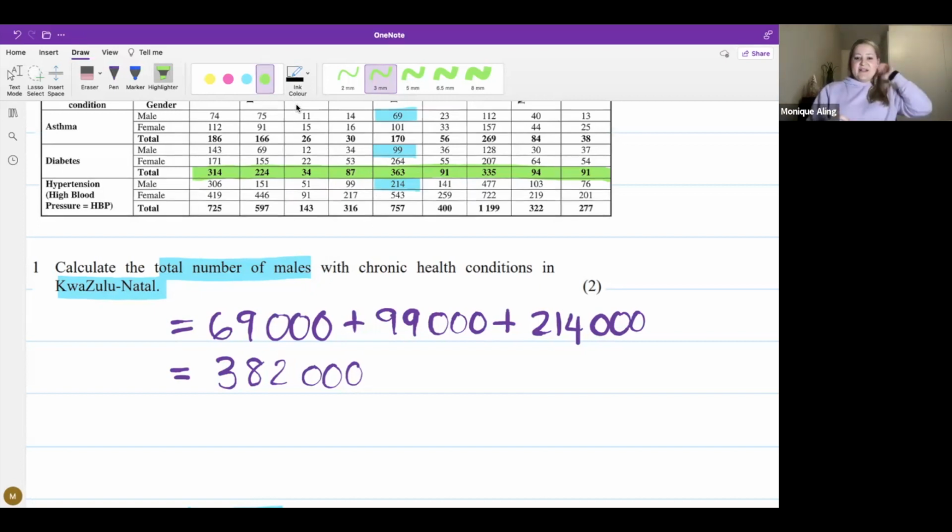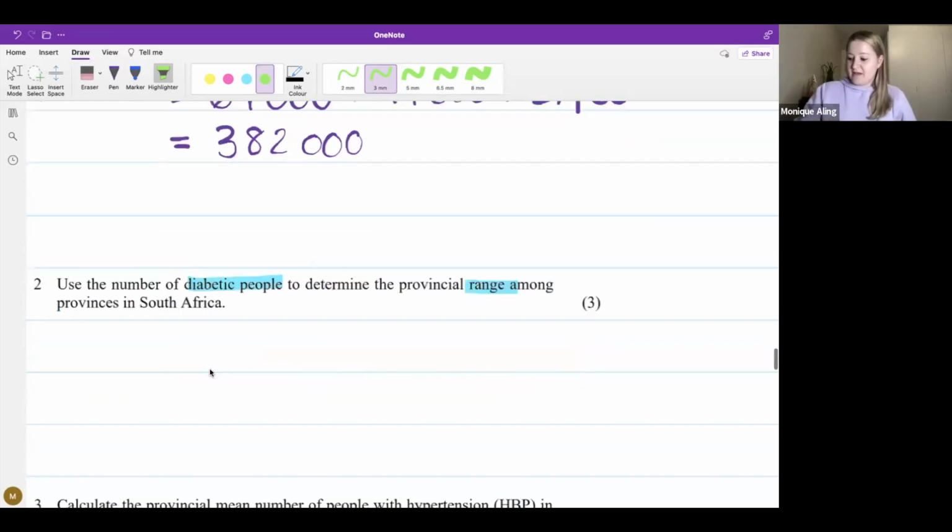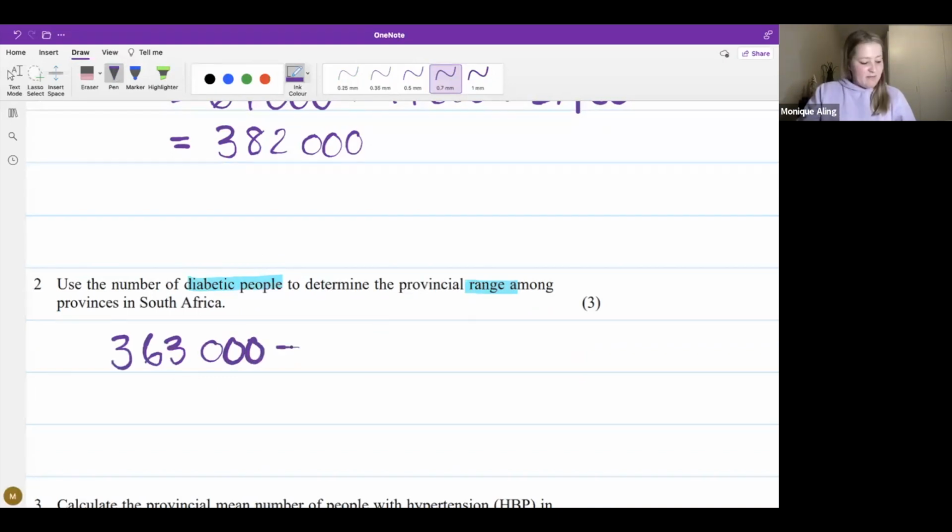Okay. So we take our highest number, which is 363,000 minus 34,000, which gives us 329,000.